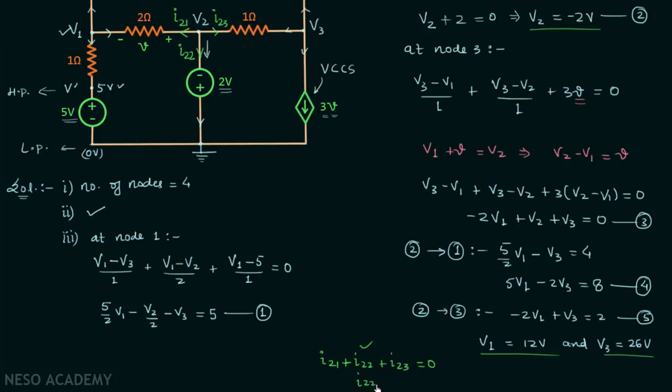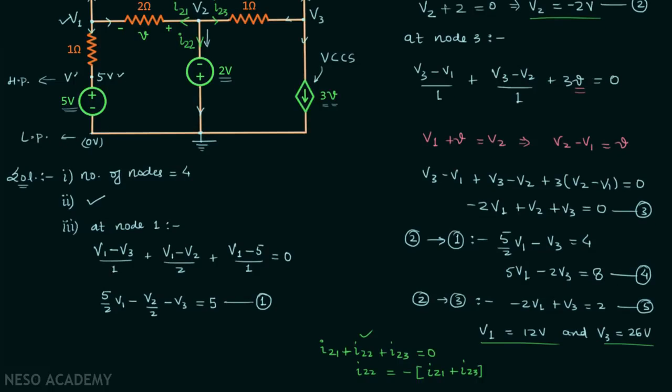So we will keep I22 on the left hand side, and on the right hand side we have minus bracket I21 plus I23. We can write current I21 equal to V2 minus V1 divided by 2, and we can write current I23 equal to V2 minus V3 divided by 1.